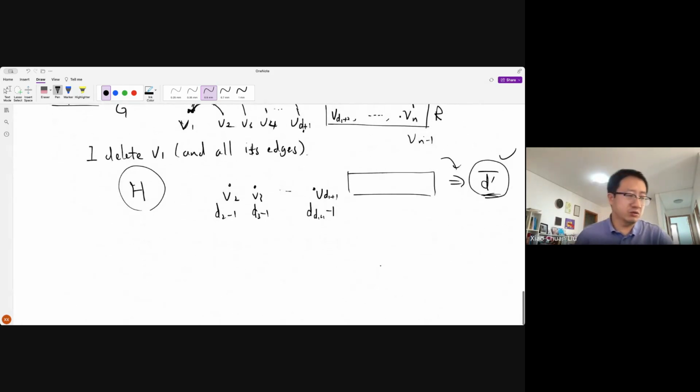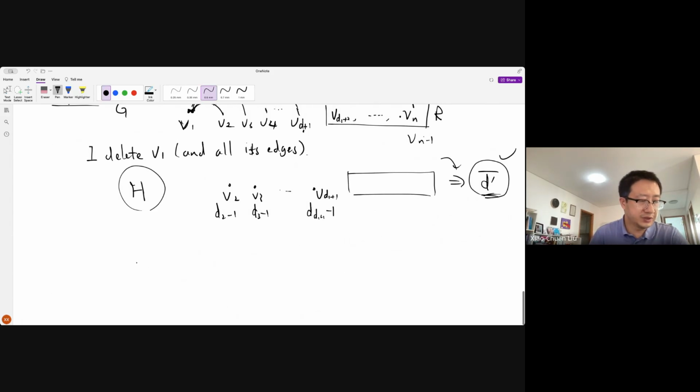So in order to do that, we have to analyze the situation that you see. We have to analyze the situation at V1 again. So let's say the following must happen.